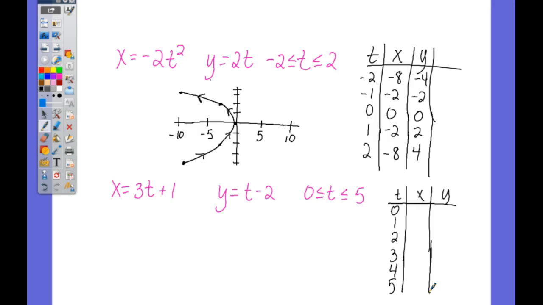Okay, let's not worry about this. Let's focus on the quiz tomorrow. All right, so if we plug in 0 for x, I get 1 and negative 2. This is 4 and negative 1. 7 and 0.